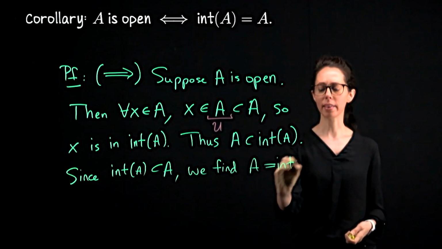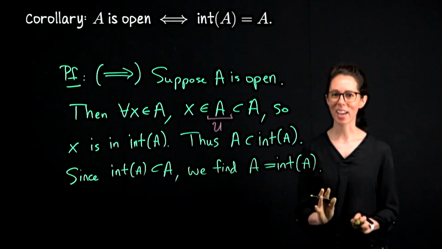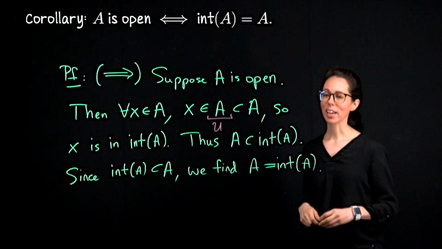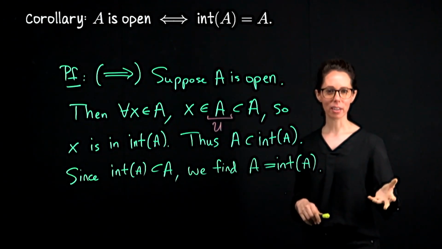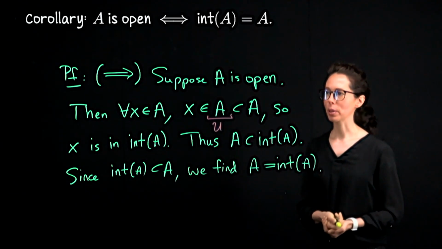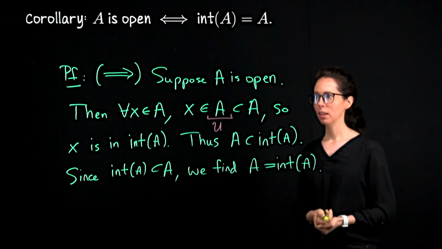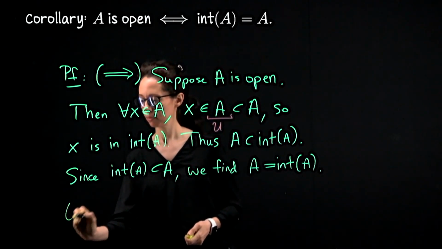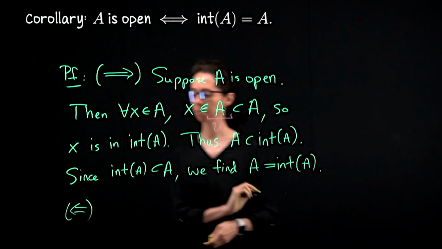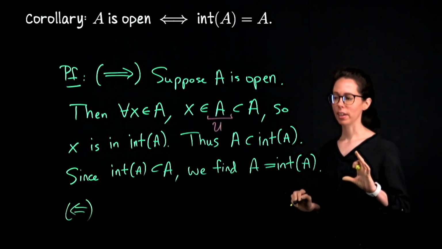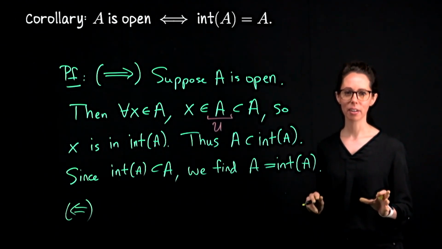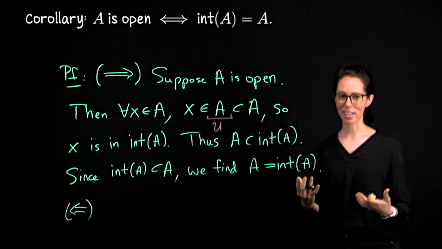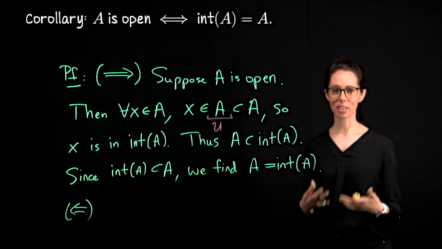You could probably write this more concisely. And again, you could appeal to the B union that we had in the previous statement. The other direction is faster. I think I can fit it down here. If A equals its own interior, we just said that an interior is open because it's the union of open sets.